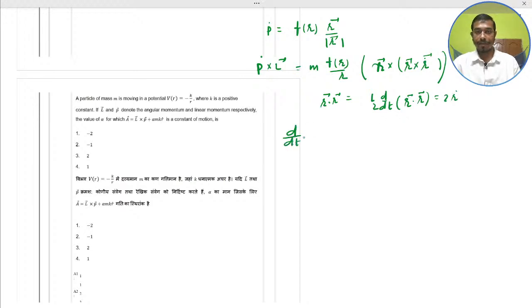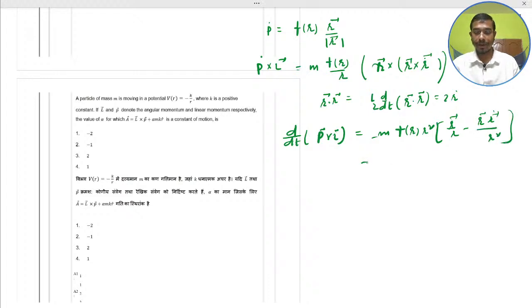Now d/dt of p cross L, put this value, that would be minus f(r) r square, r vector by r minus r dot divided by r square. Simplify, this would be m f(r) r cube d/dt of r vector by r.